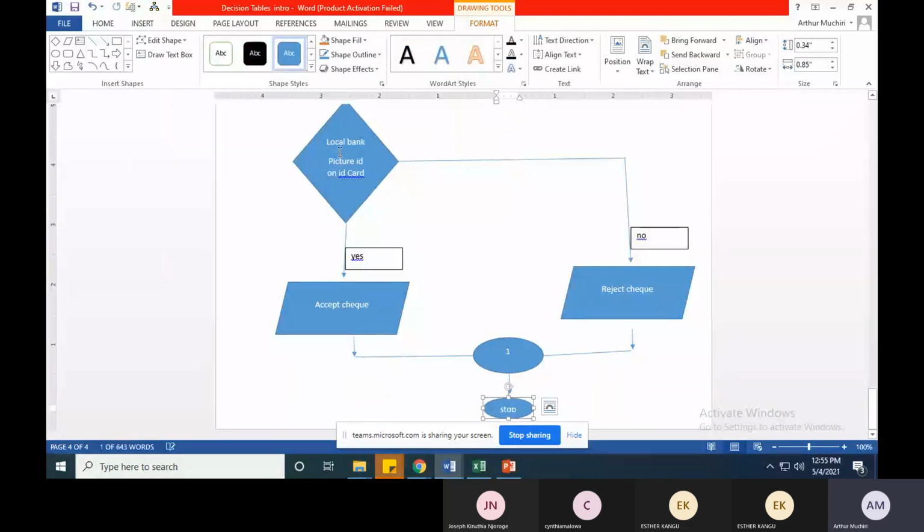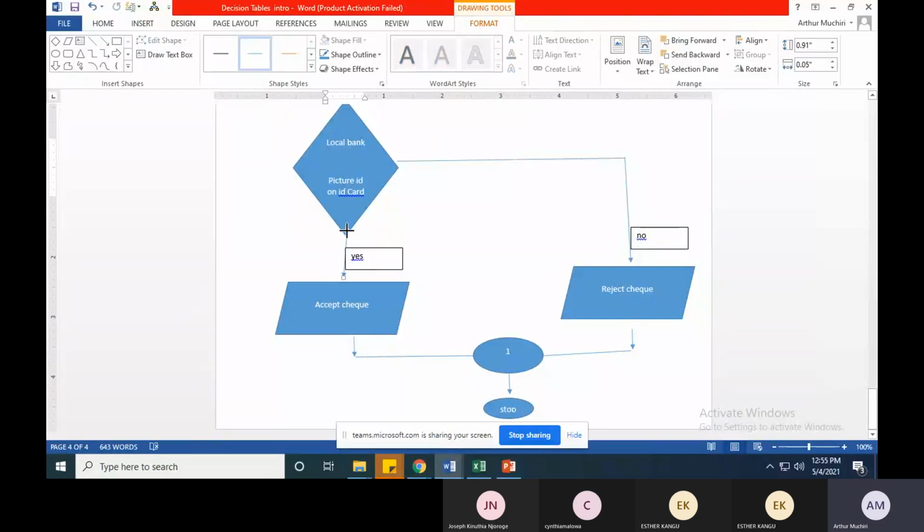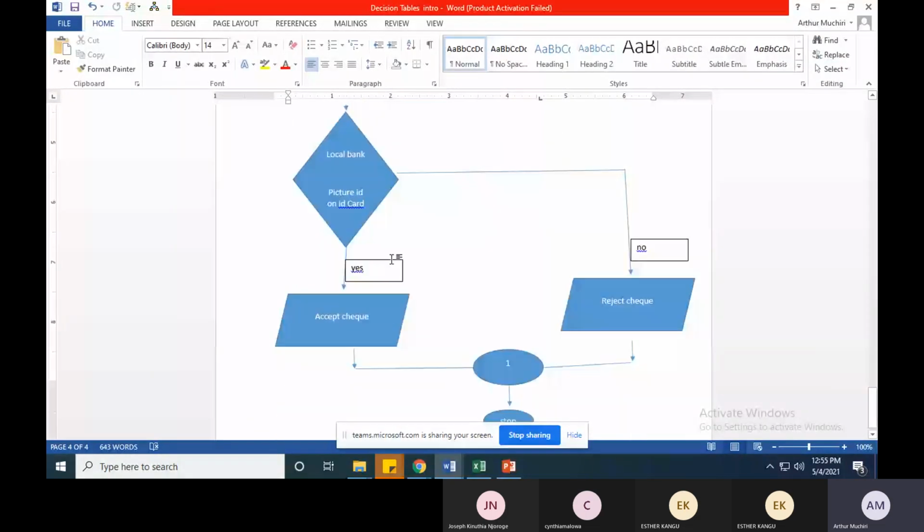The condition is that there are two conditions: local ID and picture ID. So it will check those two conditions. If they are true, then it will accept the check. If those two conditions are not met, it will definitely reject the check.